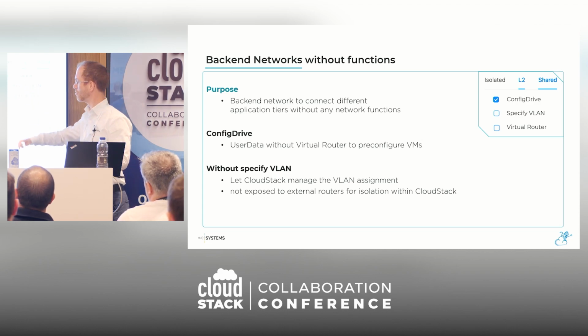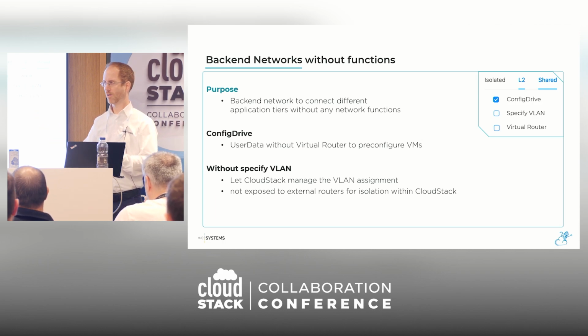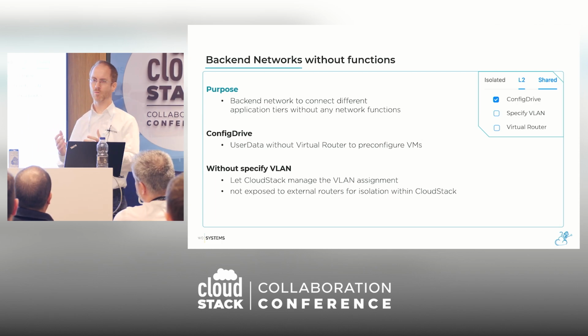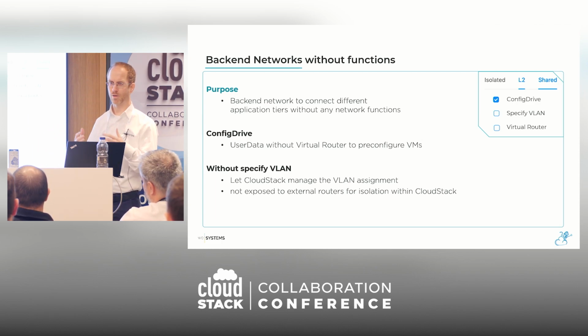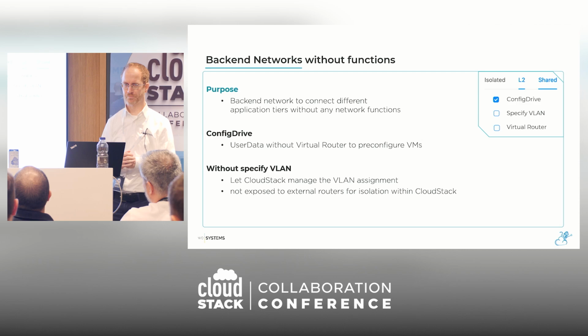But with ConfigDrive, CloudStack is creating on the fly an ISO file, including your user data, attaching that to the virtual machine which is deployed, and boom, you have the same functionality again. So for every kind of layer 2 network, for every type of network where I do not plan to have a virtual router, I always check the ConfigDrive.